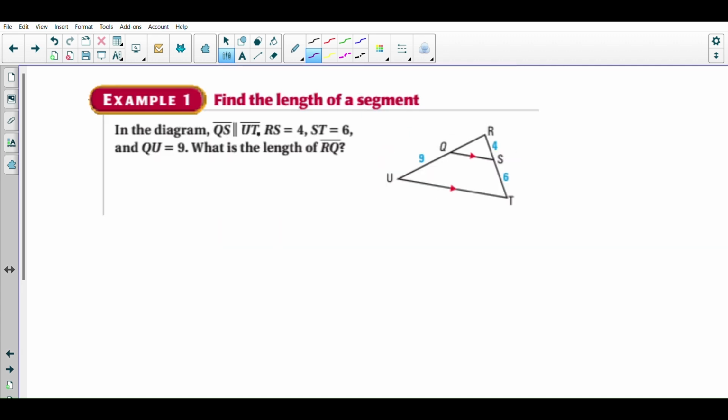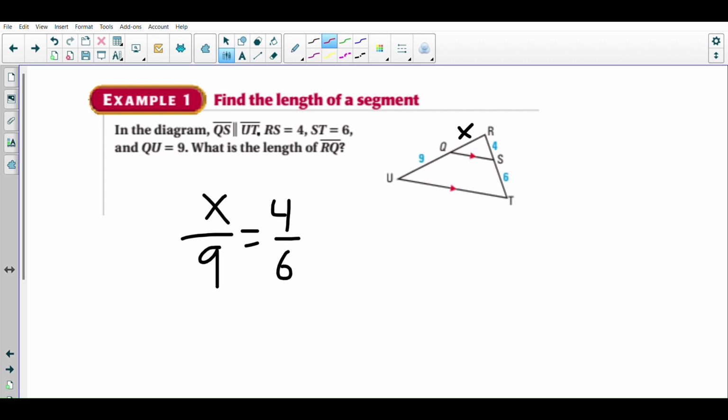So in the diagram, QS is parallel to UT. They're telling us those two lines are parallel. RS is 4, ST is 6, and QU is 9. What is the length of RQ? From the theorem right before, all these parts are proportional. So we're going to say x over 9 is equal to 4 over 6.